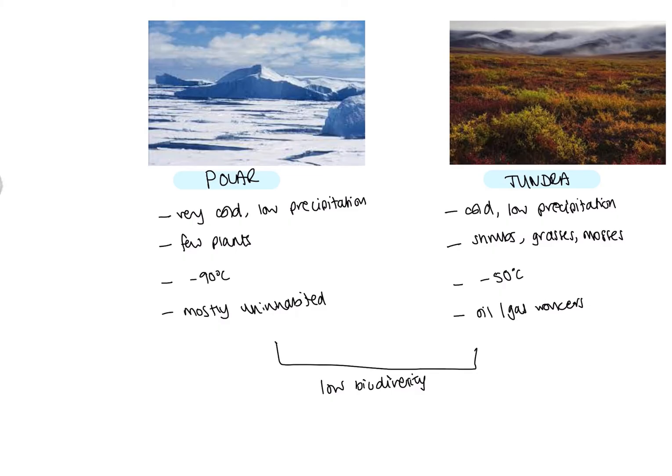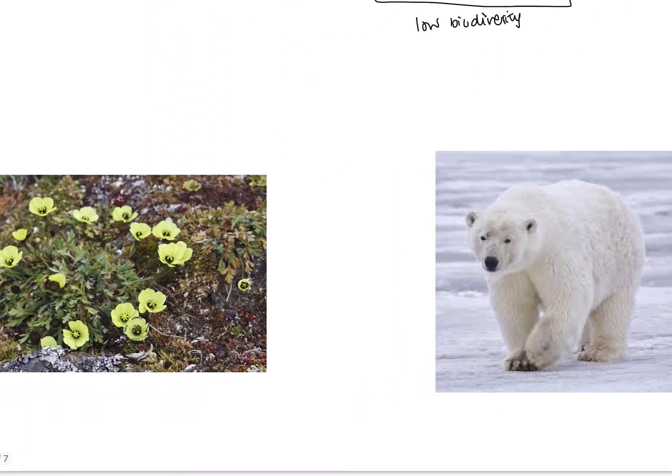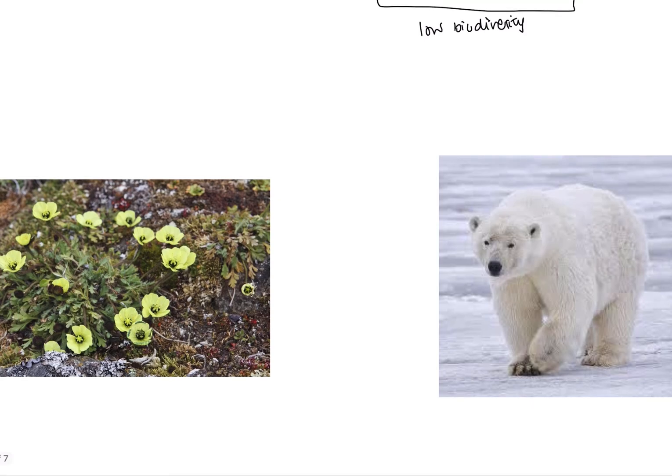So a bit like we talked about in the rainforest, our plants and animals here are also having to make changes. They're having to adapt. If we start thinking about our plants first, well, typically they've got a short growing season. So level of sunlight would impact on that massively. They've normally got small leaves.